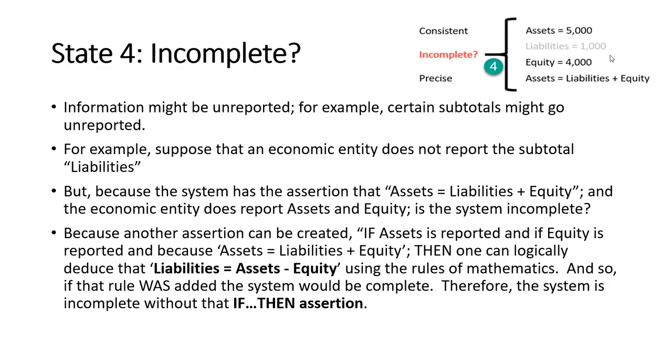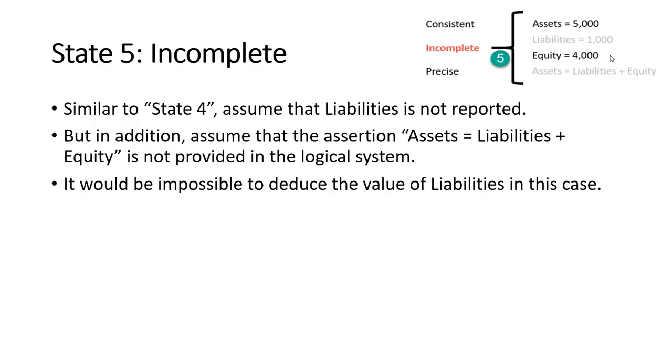All you do is use basic math and turn the equation around, and you find that liabilities is equal to assets minus equity. So in that way, you can derive the value of liabilities. Now, it's safer if all three values are provided, but if liabilities is unreported, this is unsafe, but it can work. So I'm not sure how to think about this. That's why the question mark.